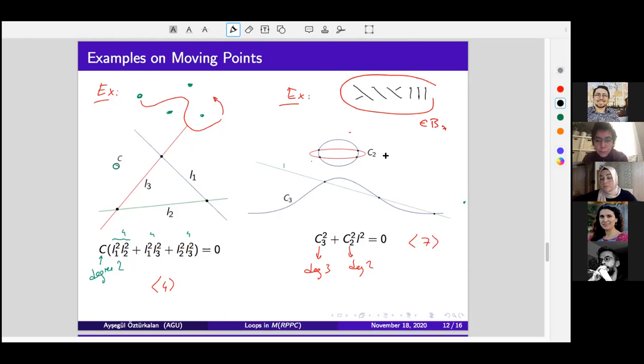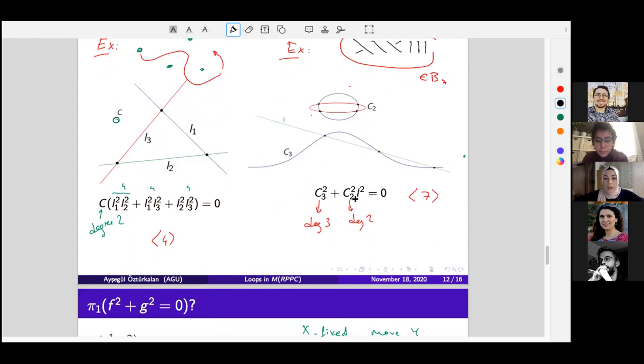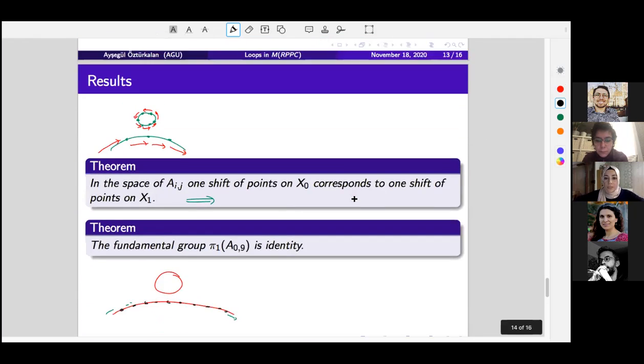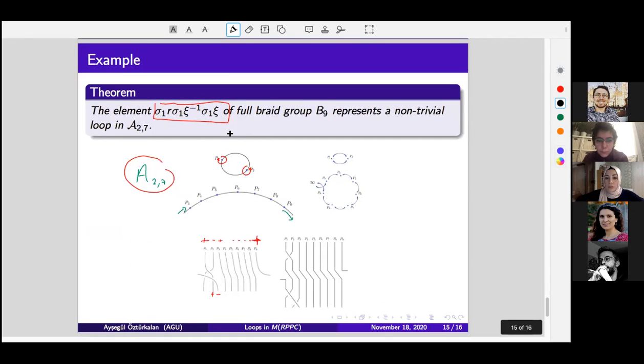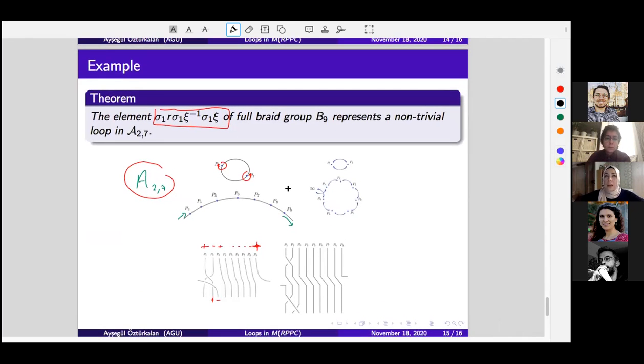Indeed, the elements we obtained at the end will be all elements of the full braid group. So we are working in braid, we are working in configuration space. I'm trying to express the fundamental group in terms of braid groups.